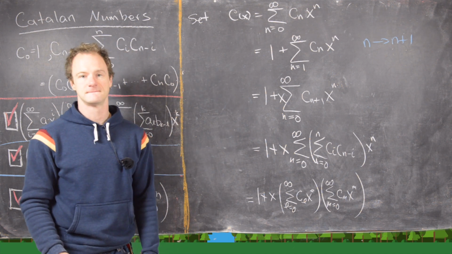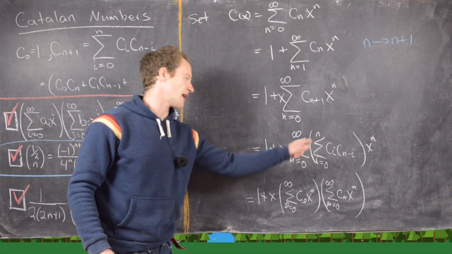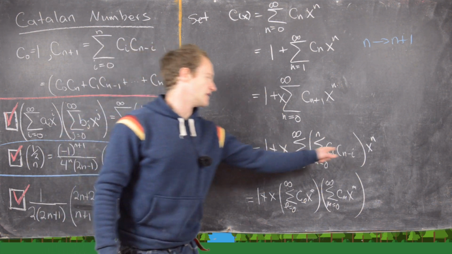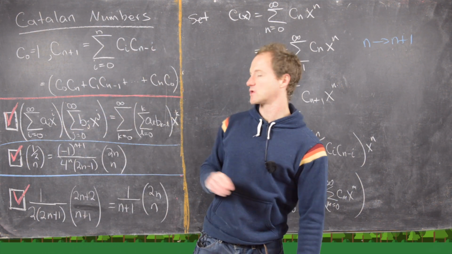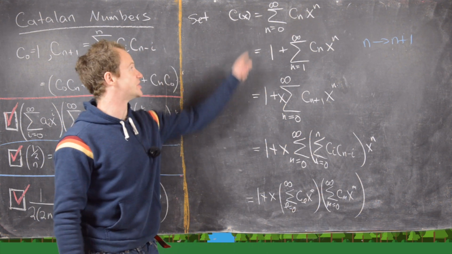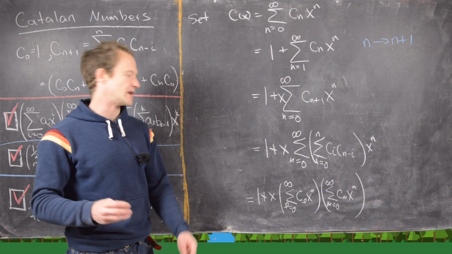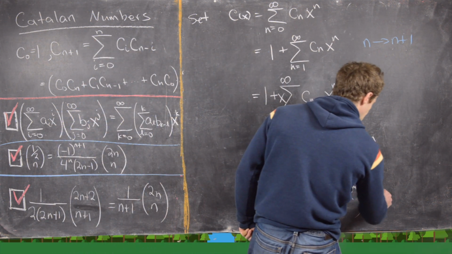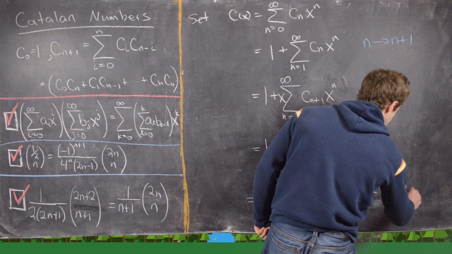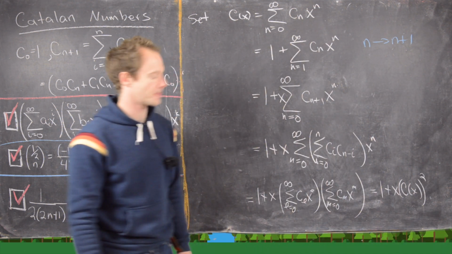Okay, good. Notice this product is the same thing as this infinite sum by the first bullet point, but each of the factors of this product is just the generating function of the Catalan numbers with the indices renamed. So this is exactly equal to 1 plus x times c of x squared.